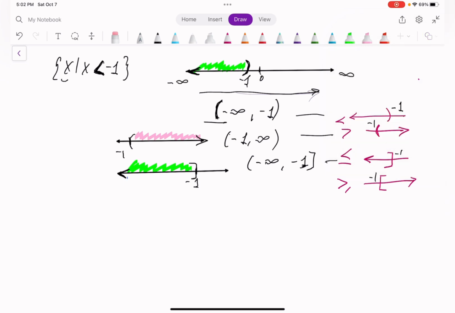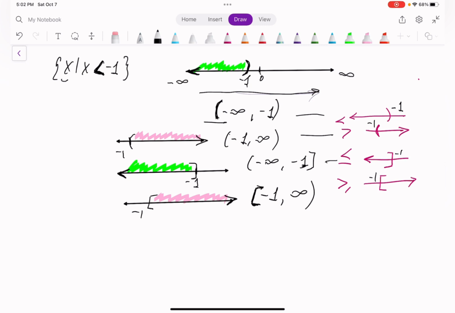So let me draw the graph. I have -1 and greater than. It's going to be written in the format of -1 with a square bracket, comma, positive infinity.